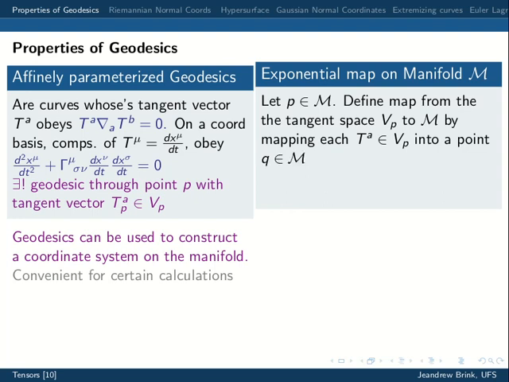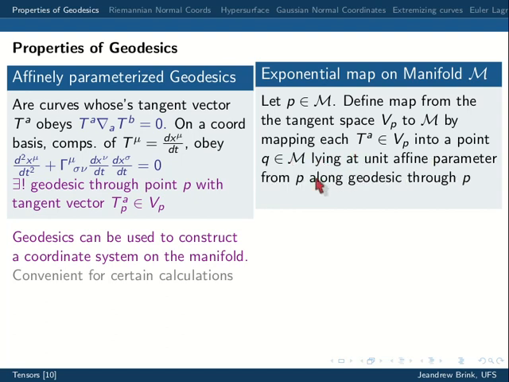And the point we choose is that the point that we map P to is a point Q that lies one affine parameter distance along from P along the geodesic through P. So you have point P, you have a vector that's part of your tangent space.